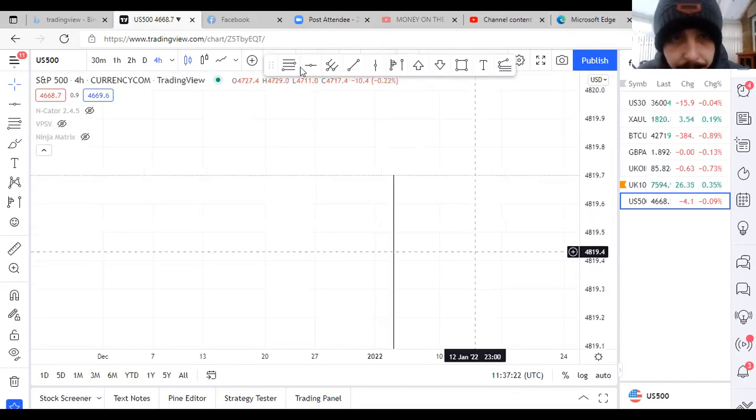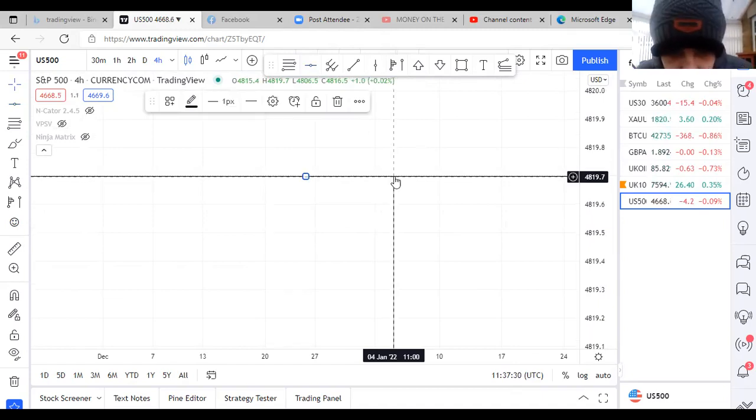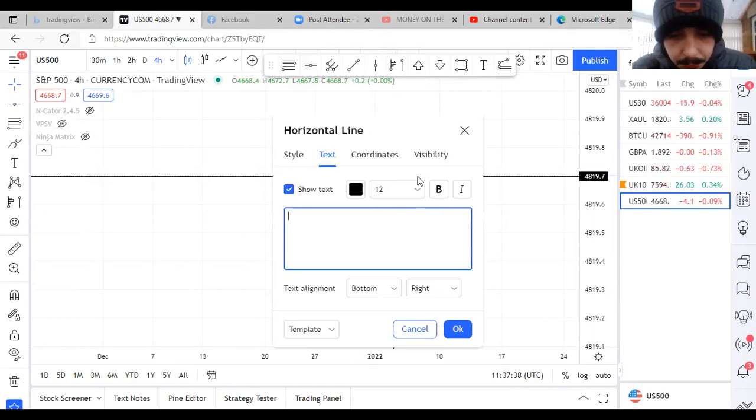Okay. Horizontal line. And this one is 4th of Jan at 11, 4th Jan 2022, and that is this.